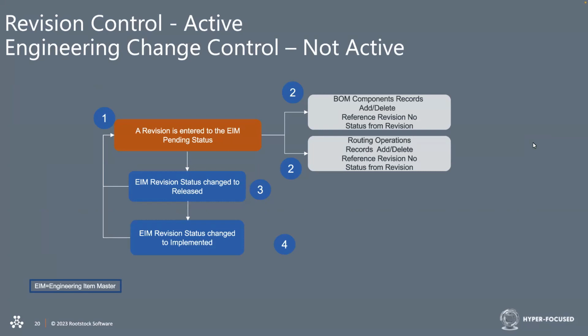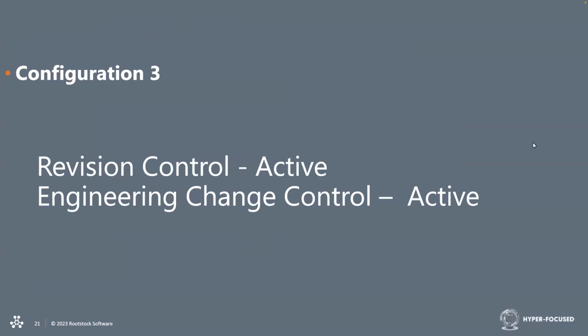The status of the bill of material is tied to the status of the revision. Once the status of the revision gets changed, it gets released and then it gets implemented. But it's always the revision that's controlling the status, as opposed to the next scenario, where revision control is active and engineering change control is active.